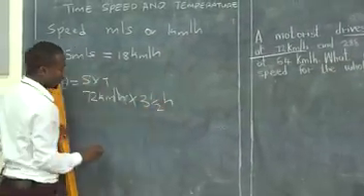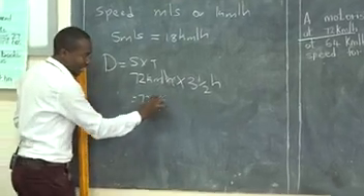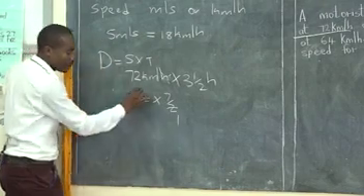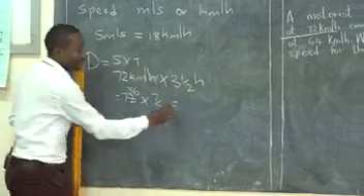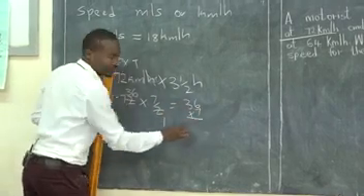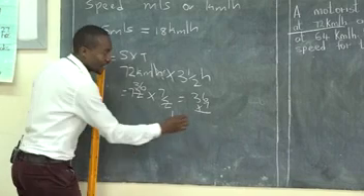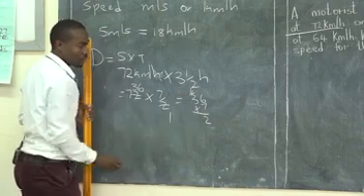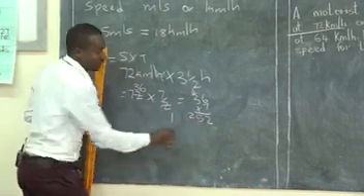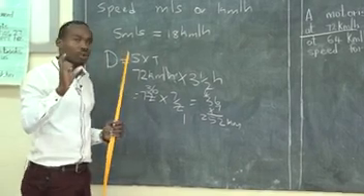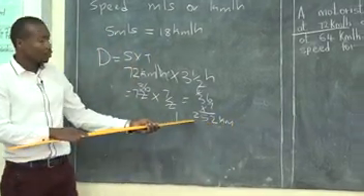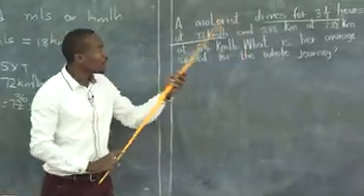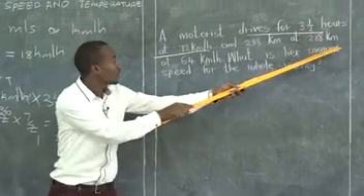This will give us 72 times 7 over 2, which is 36 times 7. 6 times 7 gives us 42, 2 carry 4. 7 times 3 is 21, plus 4 gives us 25. So in the first part of the journey, we have 252 kilometers.